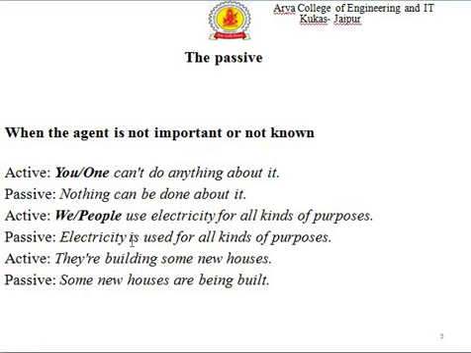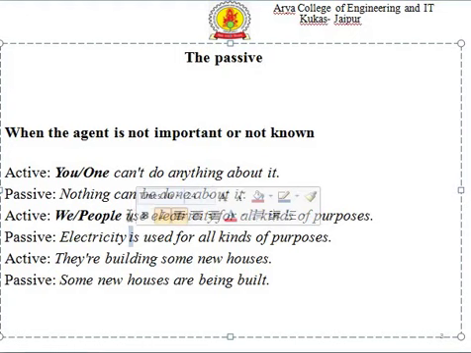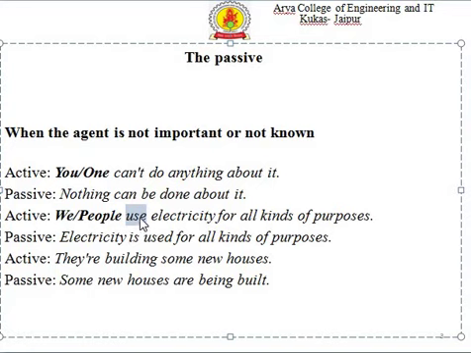So we see the change in the verb. Is used is be plus verb third form. We see the past participle of used and the suitable form of be, that is present. One more thing I would like to introduce: whatever is the form of the helping verb in the active, the same tense form will recur in the passive.